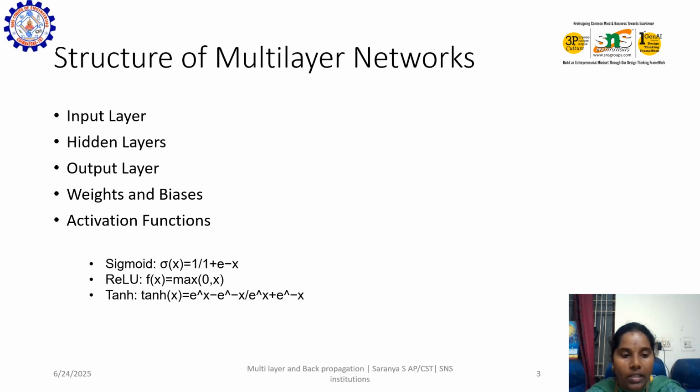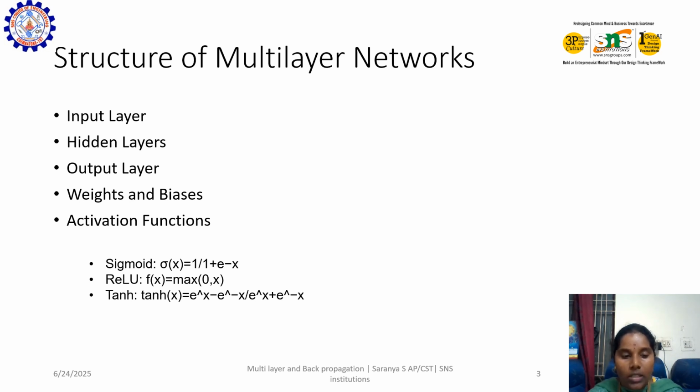The input layer receives the input features, that means pixel values for an image or numerical data. Then the hidden layer is one or more layers of neurons that process the input through the weighted connections, biases and activation functions, for example sigmoid and tanh. This layer captures the hierarchical features of the data.